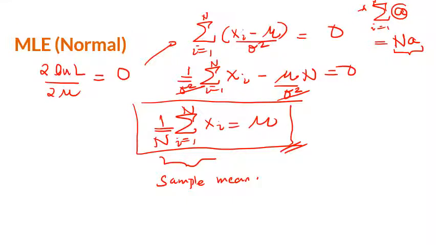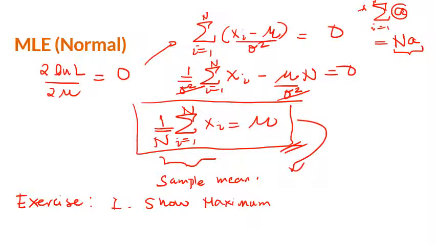Okay class, it would be left as an exercise na i-prove ninyo. So problem nyo ito sa bahay na show na maximum likelihood estimator yung mu na ito, by obtaining yung second derivatives, which will be discussed later on.